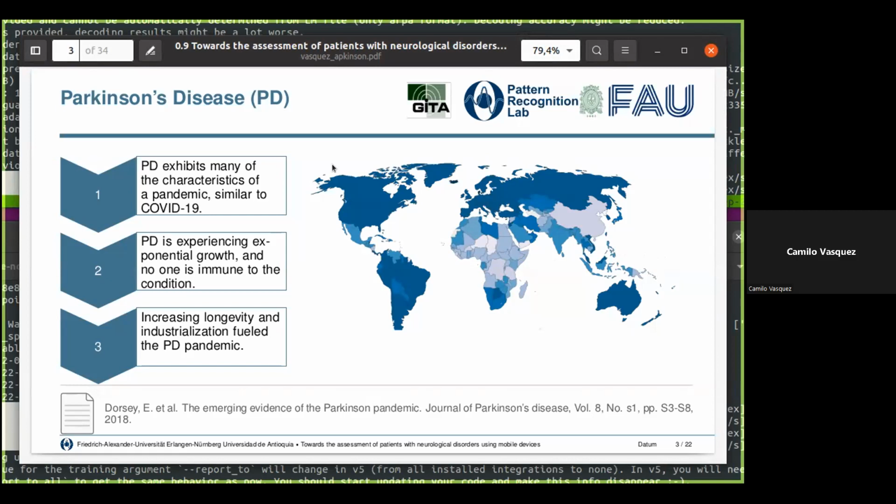In addition, according to some studies, Parkinson's disease exhibits many of the characteristics of a pandemic, similar to what we are seeing today with COVID. The disease is experiencing exponential growth, and no one is immune to the condition. Particularly the increasing longevity and industrialization seem to fuel the presence of the disease within the world.